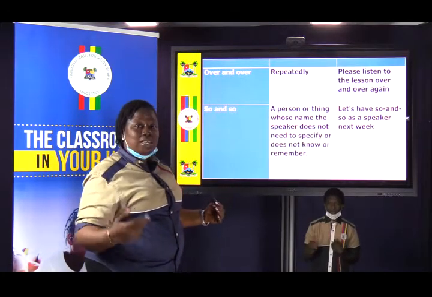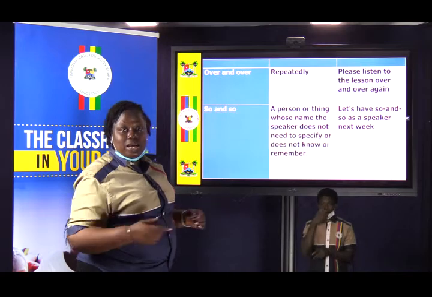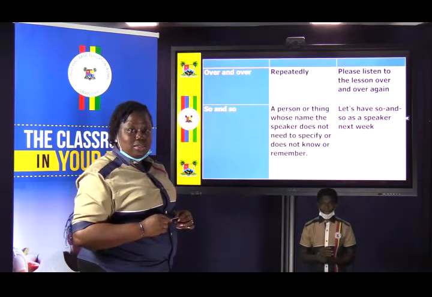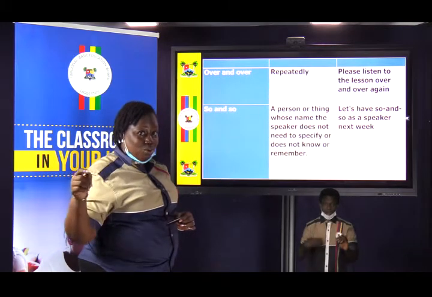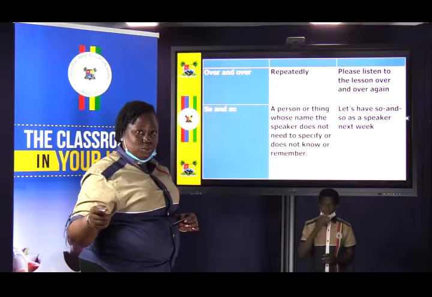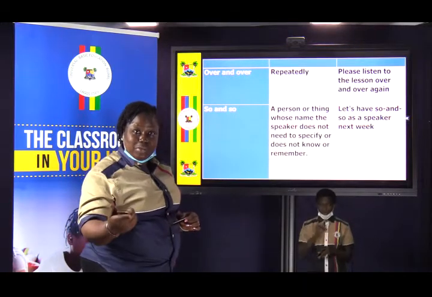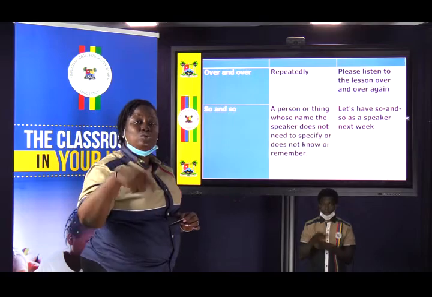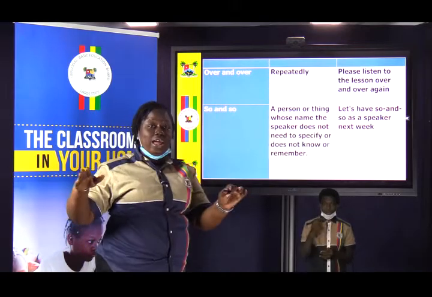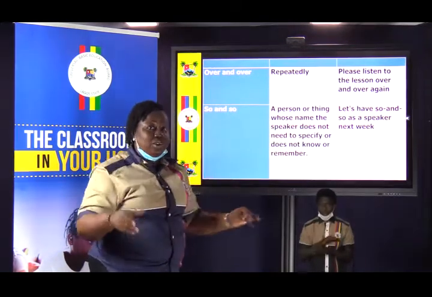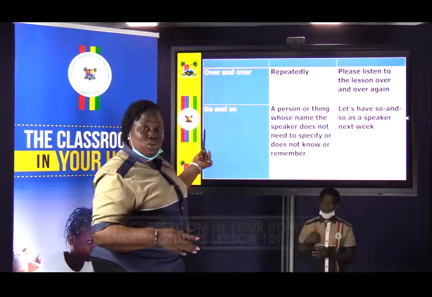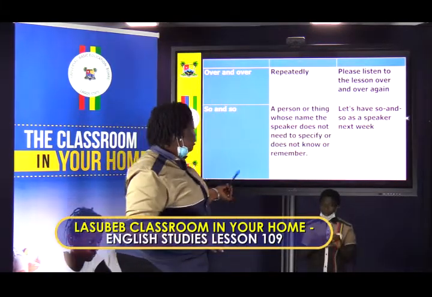Let's have so and so as a speaker next week. Mr. So and so should be the speaker next week. Maybe because I don't remember the name, or maybe because I don't want to specify the name. Maybe there are some people there and I don't want to mention or reveal the name yet. So we used words like so and so.